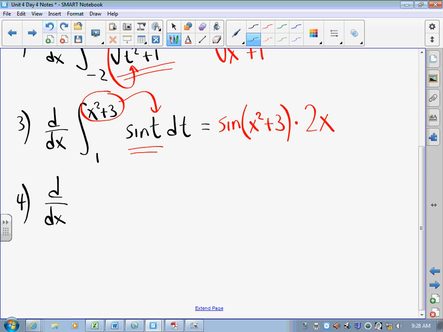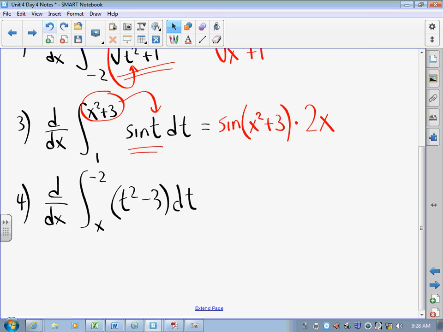Well, what if it goes the wrong way? What if the x is on the bottom instead of on the top?